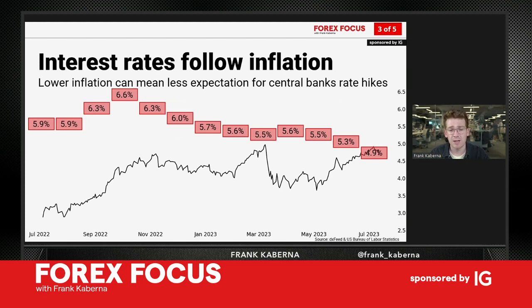And now, as we've flattened out in inflation, and now you see 4.9%, the first four-handle print in the last year, interest rates have leveled off and stopped rising, and are expected to rise less in the future now, and could even turn around in the next several months here, as the central bank, who hiked interest rates to defend against inflation, won't need to hike any longer if inflation's under control.